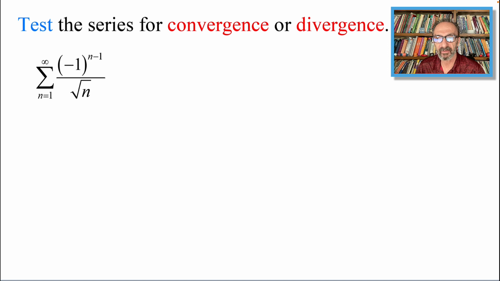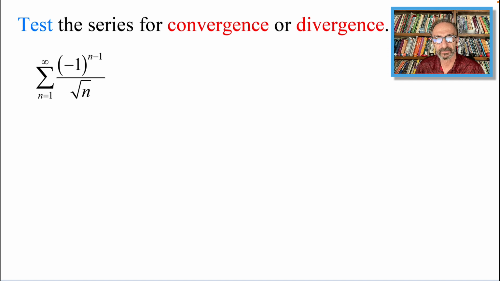When we have n equals 1, the top part is -1 to the power 0, and that is positive 1. Then after that it's going to change to negative, then after that to positive, and so on. So the idea is to think about the alternating series test.